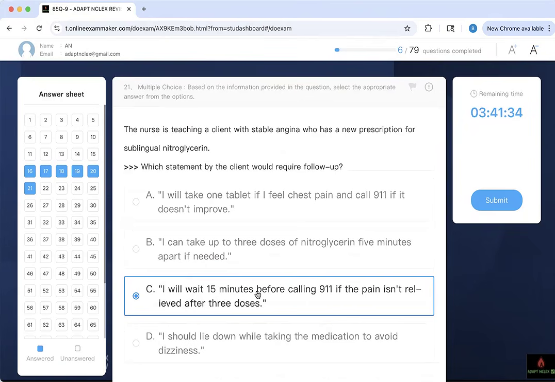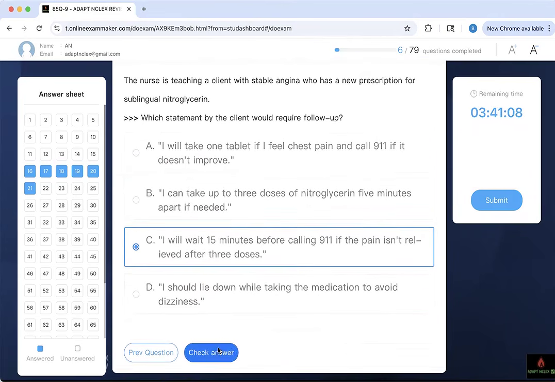I will take one tablet if I feel chest pain, and I will call 911 if it isn't improved, because it's saying the opposite of C. That's why A is the right answer. You will take 3 doses every 5 minutes. So C is saying take 3 doses before you call 911. That is the wrong answer. And because it causes hypotension, you should lie down. So C, we need to intervene.